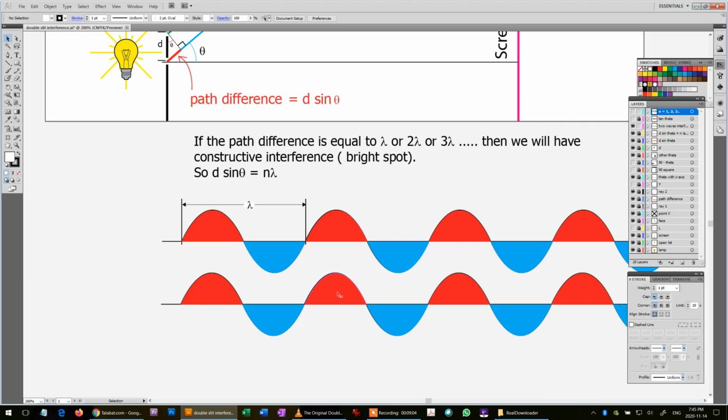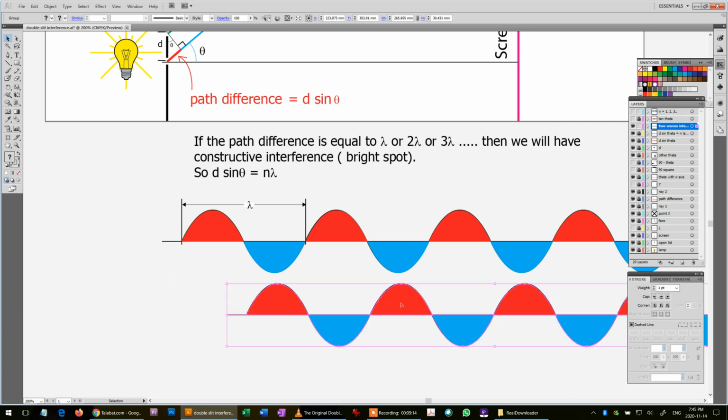Now, suppose that there is a path difference. What's the meaning of path difference? That means I will just shift my wave. I will just shift my bottom wave. So based on the path difference, for example, here, maximum with minimum, and look at the path difference.